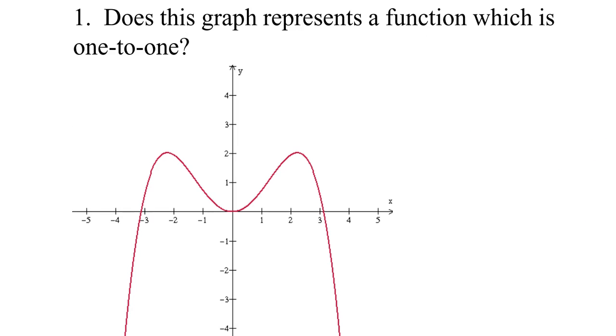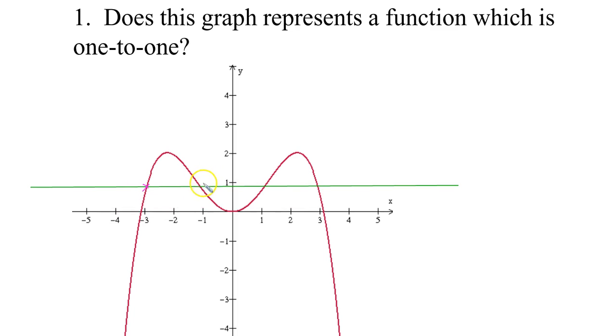Let's look at a graph on our own. This graph is a very lovely function. It does pass the vertical line test for a function. However, if I try to draw a horizontal line through this graph, remember our horizontal line is y equals a constant. Here's my horizontal line.